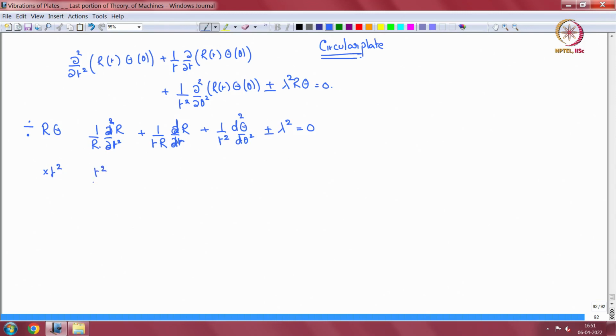So we get r square by r d2r dr square plus r by r dr by dr plus or minus lambda square r square is equal to, I missed out a theta over here, is equal to minus 1 by theta d2 theta d theta square. Okay. So that we set now.